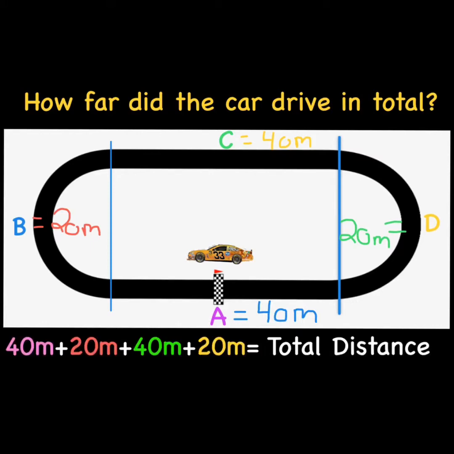So we add up the distances for each letter. So A was 40, B was 20, C was 40, and D was 20. So if we add up all of those numbers, we will know exactly how far around the track the car is going to travel. So the total distance. I'll give you a second to add that up.